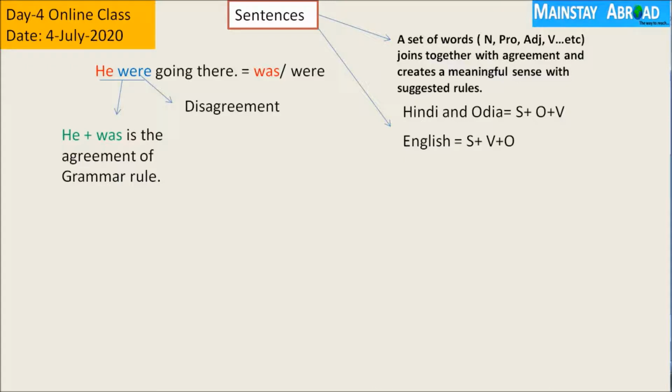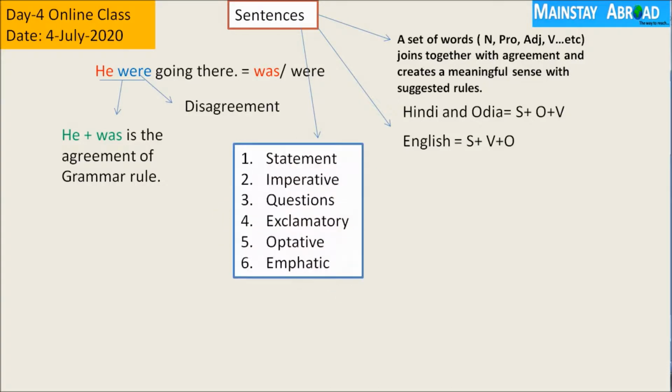For a better idea, I would also like to tell you that we have different kinds of sentences in English. We have 6 kinds of sentences: statement, imperative, question, exclamatory, optative and emphatic. As I have already taken sessions on it, I would like to tell you what you should focus on. Of these 6 types, optative and emphatic were introduced recently.